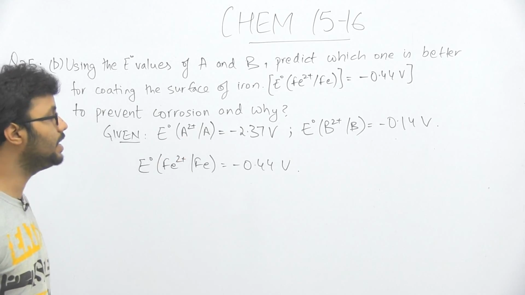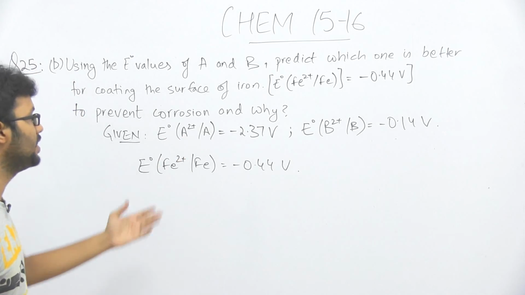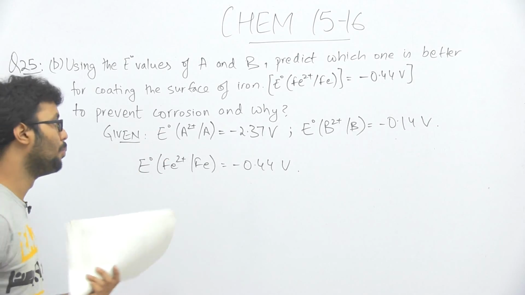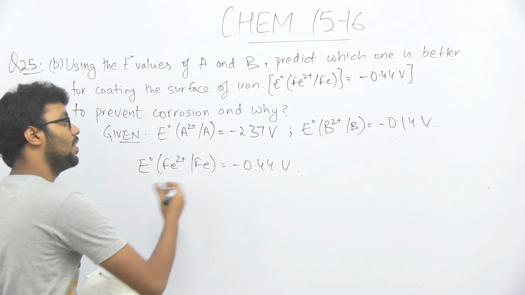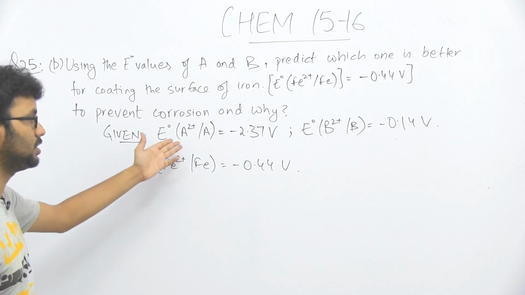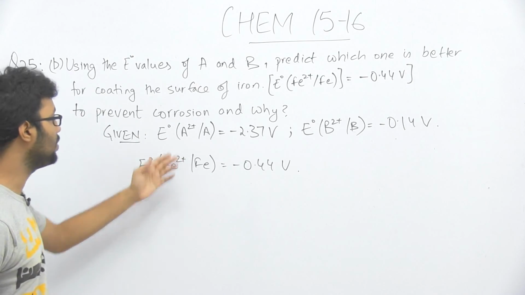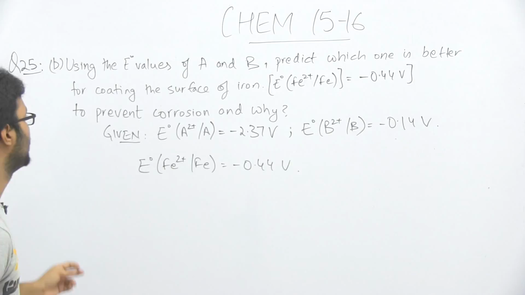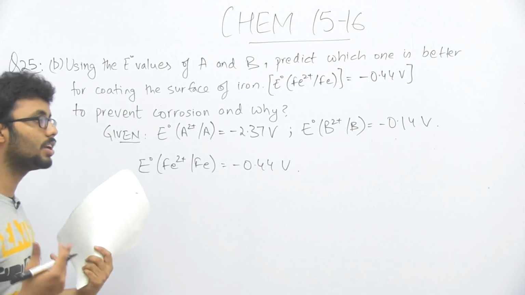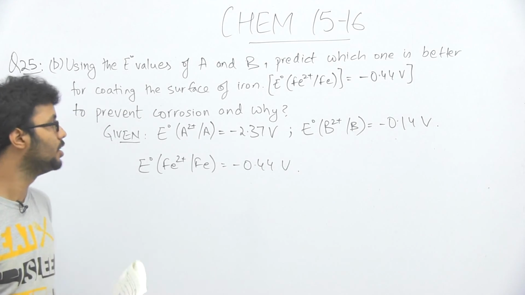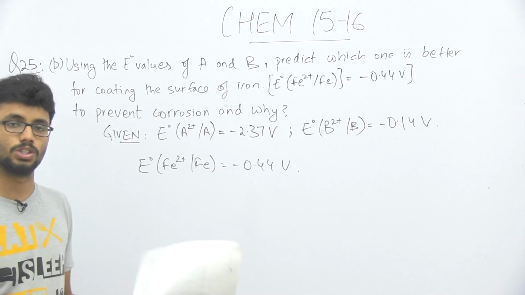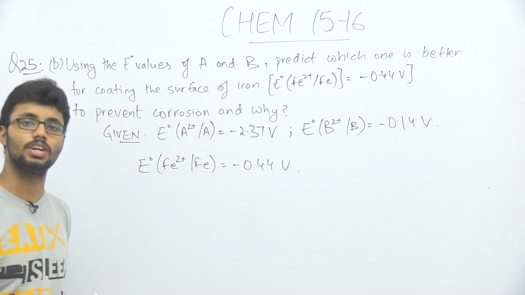So we need a compound which has a reduction potential more negative than that of iron, which is A. So A can be successfully used to make the coating on the surface of iron to prevent its corrosion because A has a more negative reduction potential.